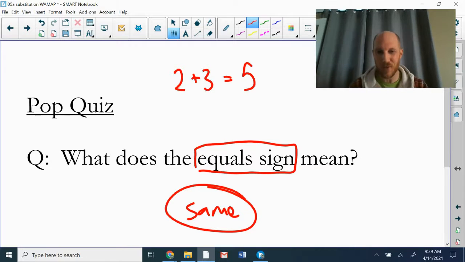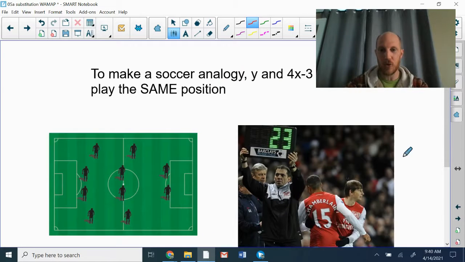And that's kind of a way of thinking it, but that's really not what it means. It means you got 2 plus 3 over here. That is the same as the 5 on the other side. The two sides of the equal sign are the same. They look different because it says 2 and this plus 3, and that one says 5, but they're worth the same amount. This is where substitution comes in.